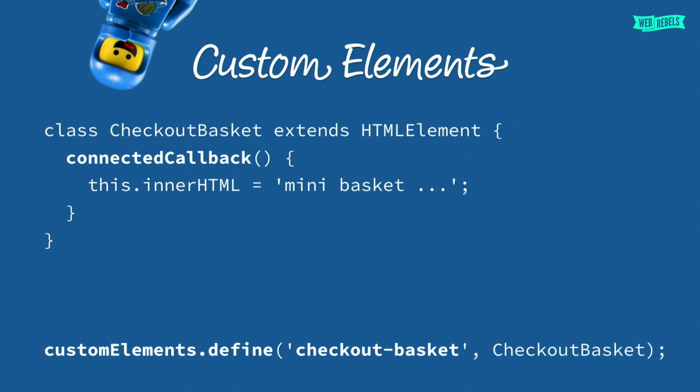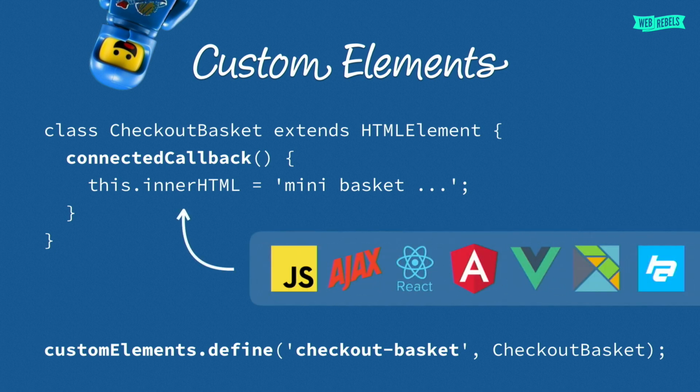and then provide an ES6 class, and this ES6 class has a number of callbacks you can choose to implement. So in this example, yes, you have the connectedCallback. This one is called every time the browser finds your checkout basket element somewhere in the DOM.